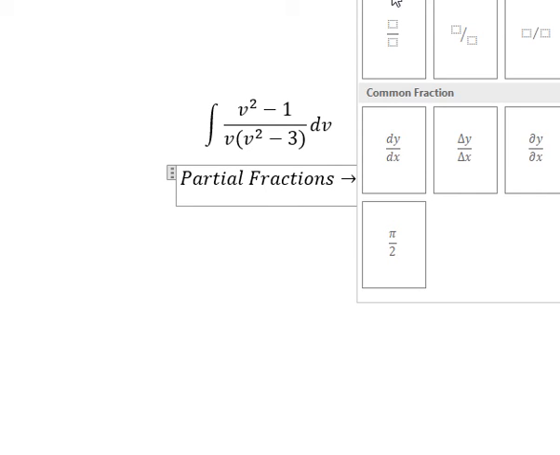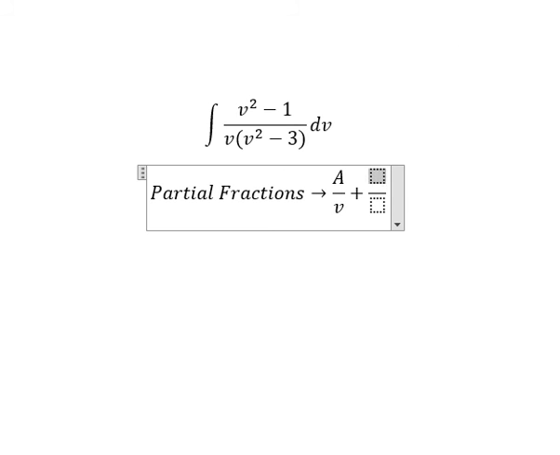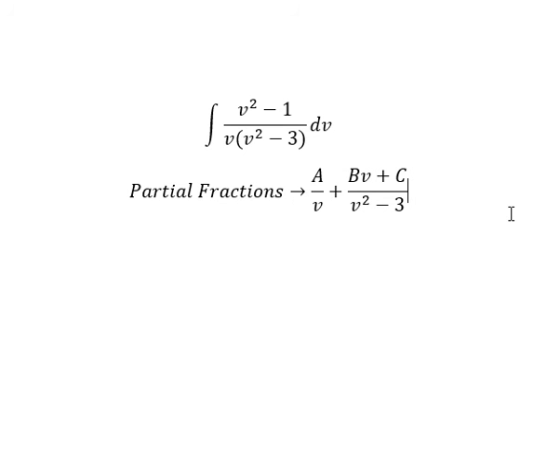So I will put A over v plus Bv plus C over v squared minus 3. Because the highest power is 2, the highest power in the numerator should be 2 minus 1. That's why we have Bv, and later we need to reduce the power in here. That's why we have C.